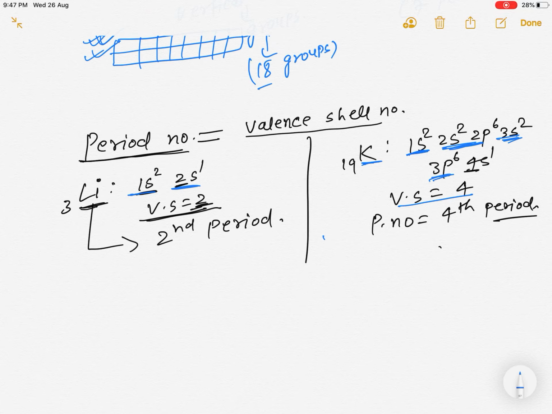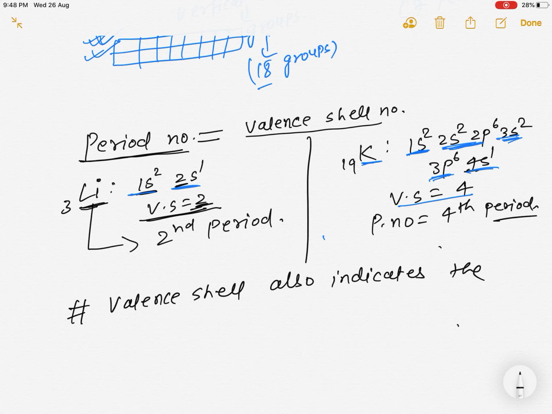So the valence shell gives us the idea of how many shells are there in total, right? So we can write in the note that valence shell also indicates the total number of shells in a given atom.